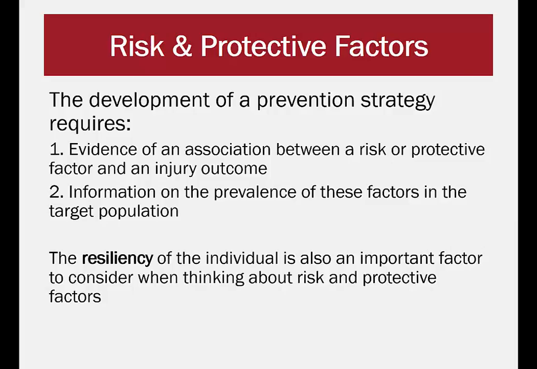Strong social supports, despite low incomes or few jobs in this case, may be protective factors. A child who has good self-esteem and receives consistent parenting does well in school, even though his caregivers have little education and income. We'll talk more about children's resiliency to injury later in the module.